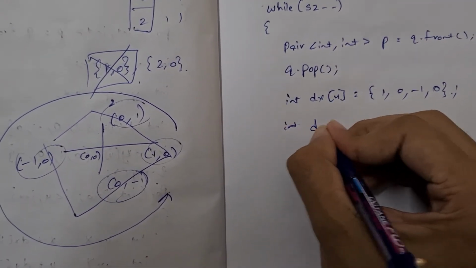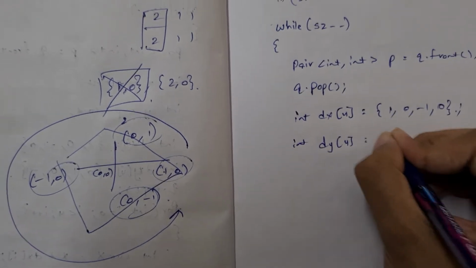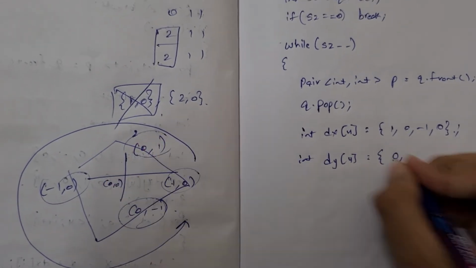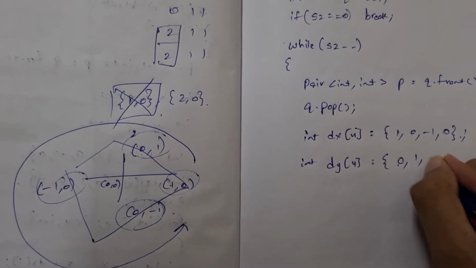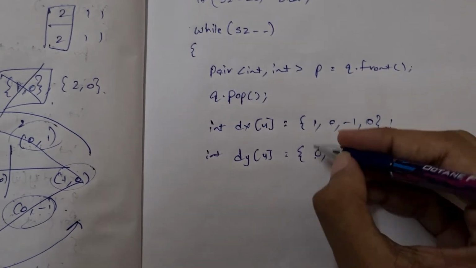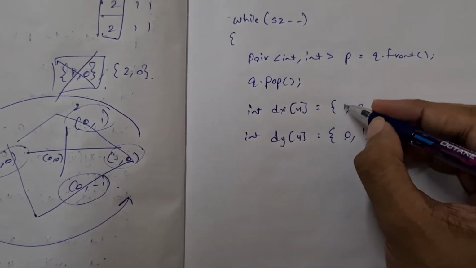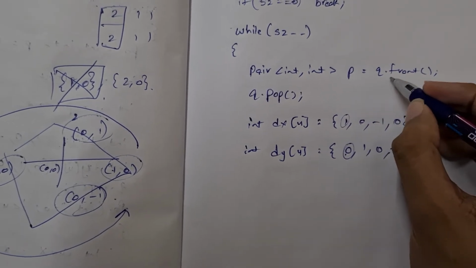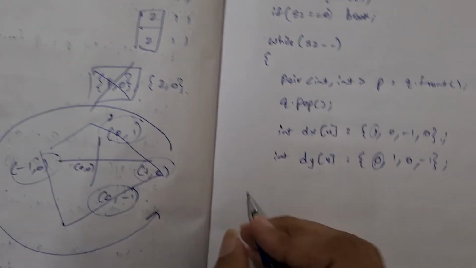In a similar way, dy[4] equal to: start from here 0, and here 1, here 0, here minus 1. So if I have to go this direction, then I have to take this element and this element and add it to the current element in the queue, which is 1, 0.